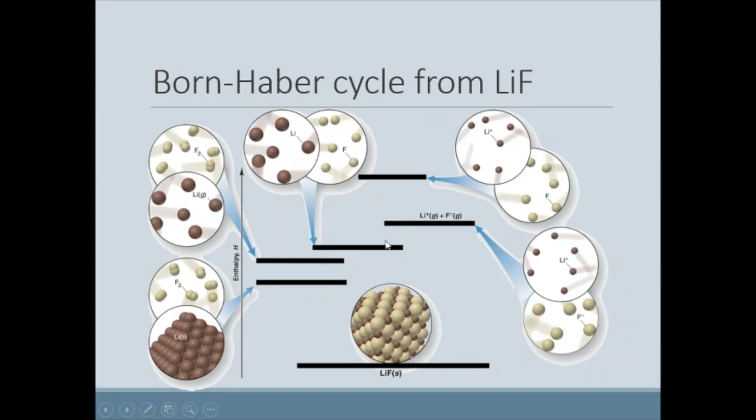It looks like it cost more energy than this thing was worth to get everything set up. But luckily for us and for lithium fluoride, in this last step of lithium plus ion and fluorine minus ion, the attraction between the two is so magnificent that as soon as they come close to each other and become a solid, it releases a whole lot of energy.